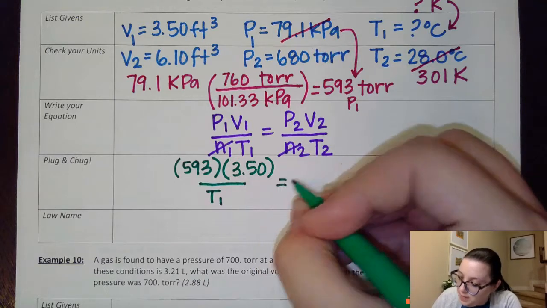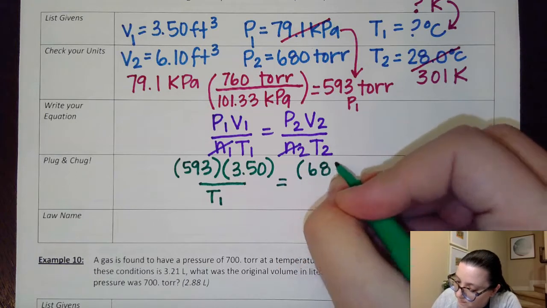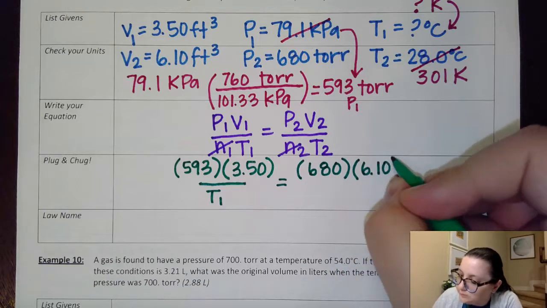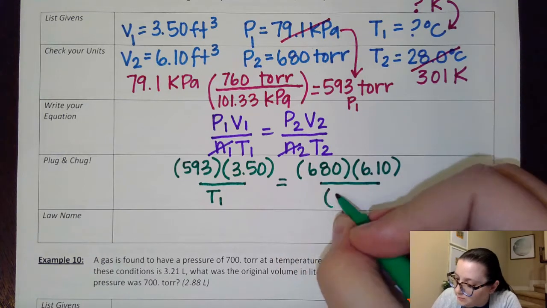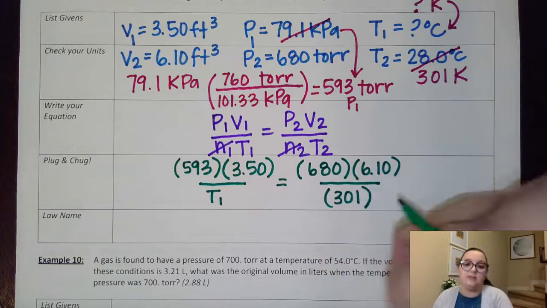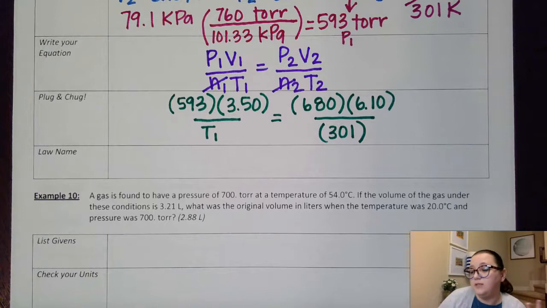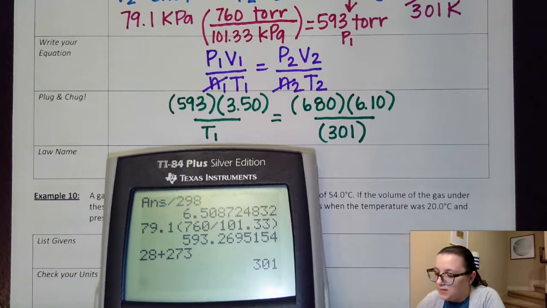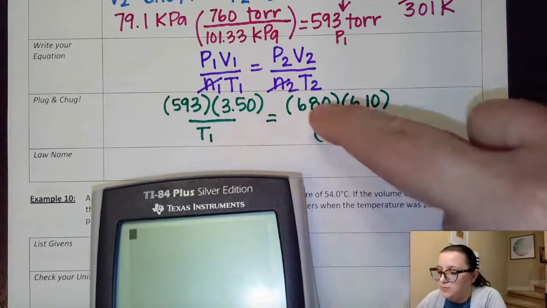All right, so then on the other side, my P2, 680. My V2 was the 6.10 over my T2, which was 301. All right, so again, it doesn't really matter how you solve this algebra as long as you're getting a correct answer. I, again, like to cross multiply. So what that would mean is that I would end up multiplying these together, and that would equal these three multiplied together.